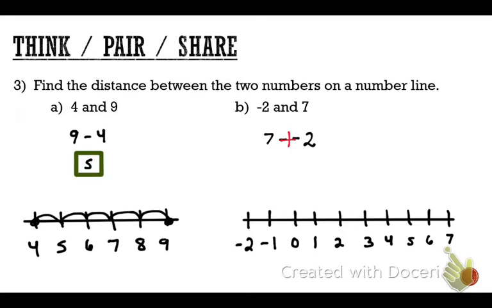A double negative, which tells us to add. What's 7 plus 2? 9. Here's another way you can see it visually. If I'm trying to get from -2 to +7, you have to count over 1, 2, 3, 4, 5, 6, 7, 8, 9 spots to get there. Tonight there is no homework, and that is the end of our lesson.